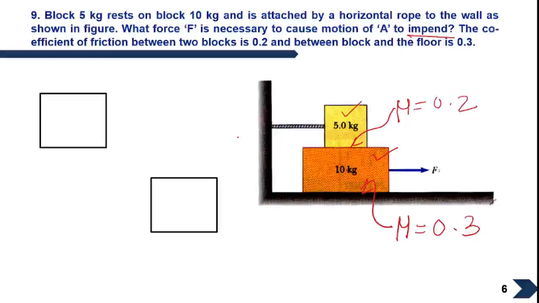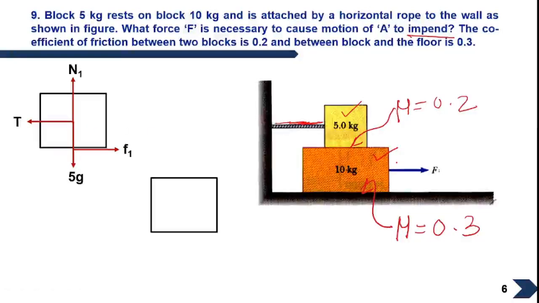Okay, so what will be the first case? We will have 5g, which means that the weight of this block will be acting downward, and to balance that we'll have N1. Let us suppose the normal force for the 5 kg block is named N1, acting upward. Then next, what force will be acting? We'll have a tension force because of this string or thread, acting in this direction, and we'll have a frictional force.